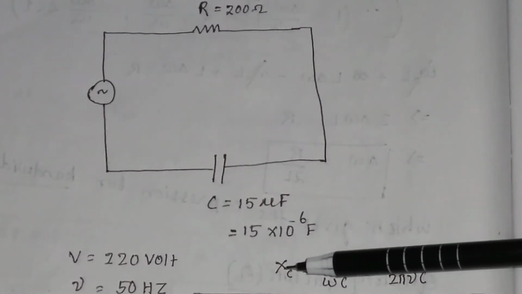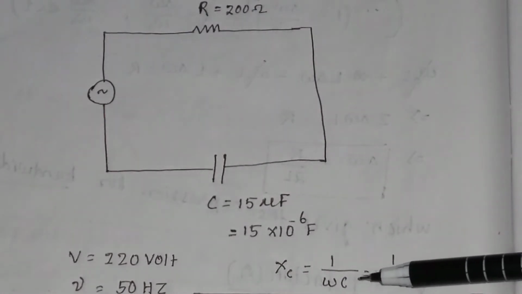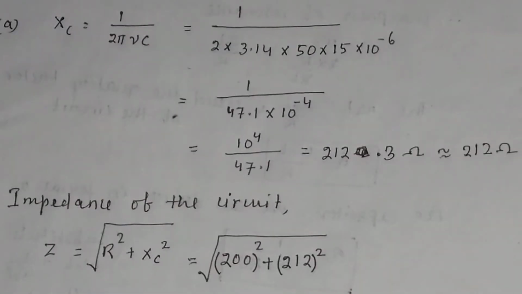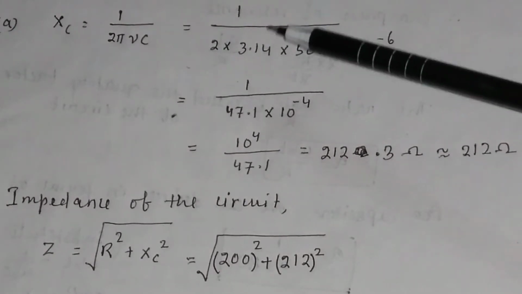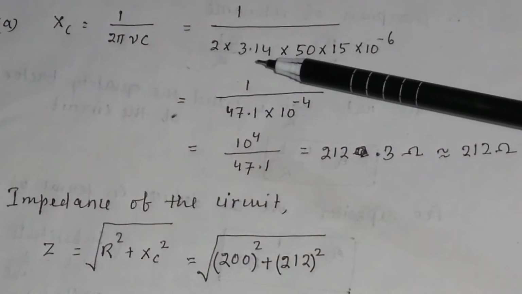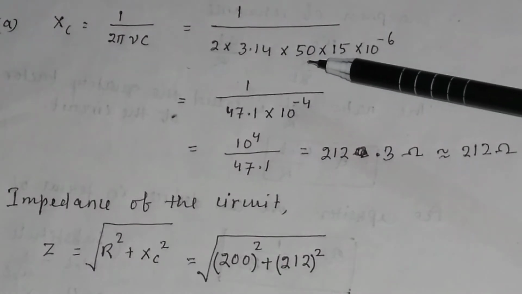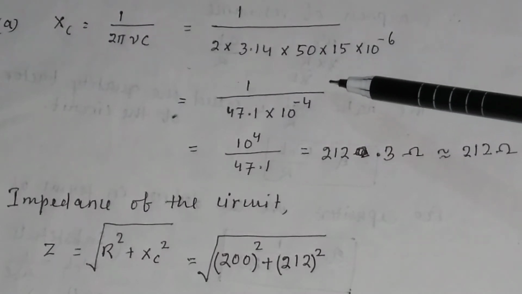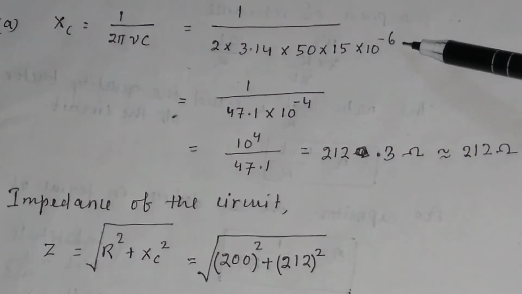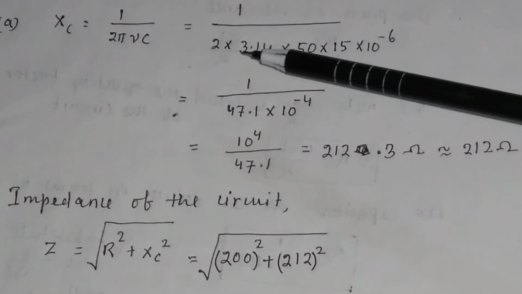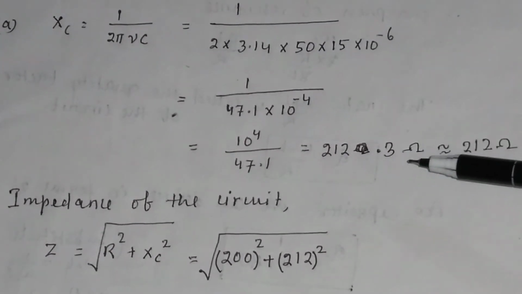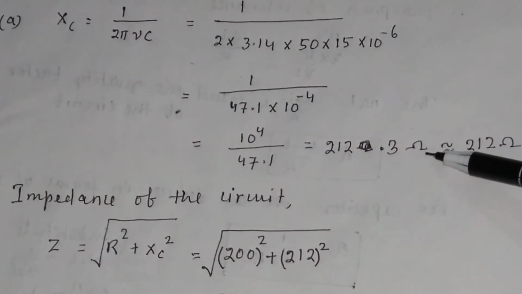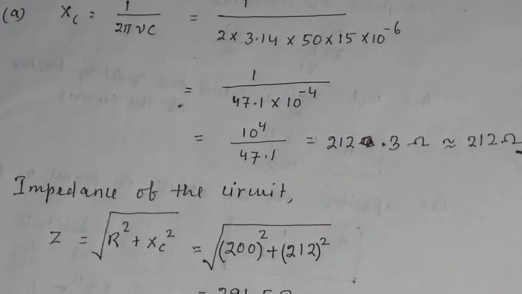We know capacitive reactance Xc is equal to 1 by omega C, that is equal to 1 by twice pi nu C. So if we substitute the values of the constants, 2 into pi is equal to 3.14, nu is given 50 Hz and capacitance is given 15 microfarad, so 15 into 10 to the minus 6 farad, the capacitive reactance will be equal to 212.3 ohm, or approximately 212 ohm.